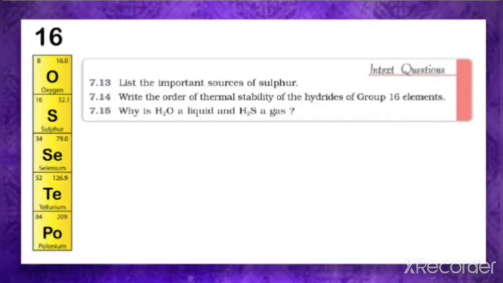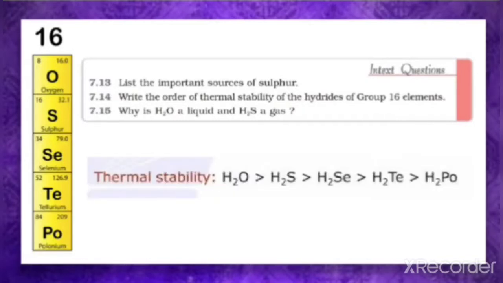Just now we have discussed that the more acidic one is the one in which the bond cleavage takes place easily, that is a more unstable one. So which one will be the more stable? That is water. Water is more stable here. Then the stability decreases down the group. The reason is the same: the greater the size of the central atom, the greater the bond length, easy to break, therefore more unstable.